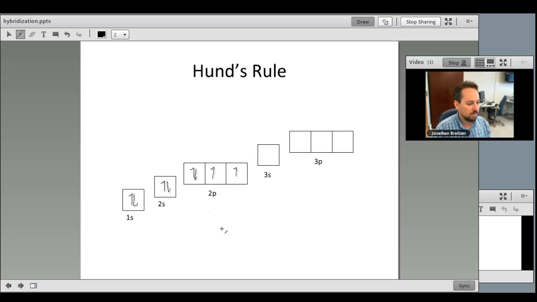Now, a term you need to know: diamagnetic and paramagnetic. Diamagnetic means that all electrons are paired. Paramagnetic means that there are one or more unpaired electrons.